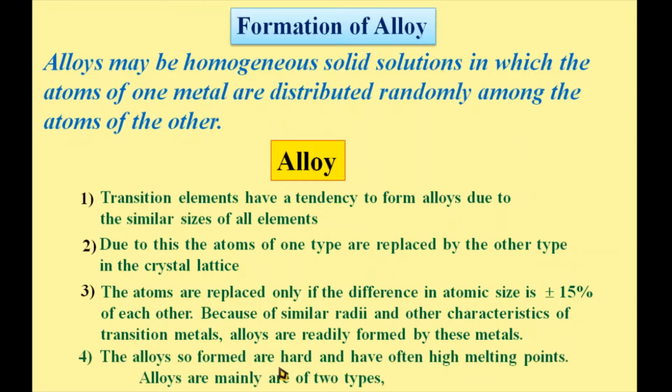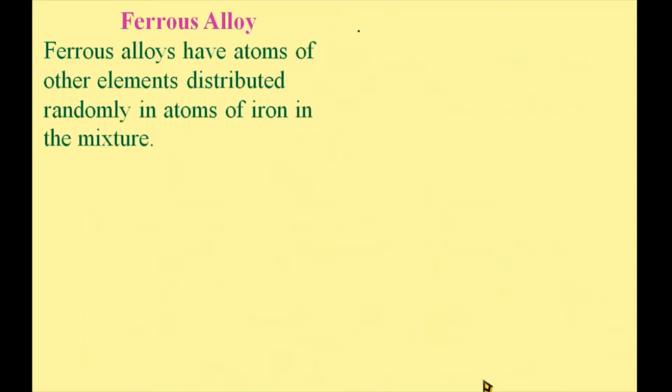The alloys so formed are hard and often have high melting points. When the transition metals form an alloy, their melting points and some physical properties change. Their melting point is high. Alloys are mainly of two types, ferrous and non-ferrous.